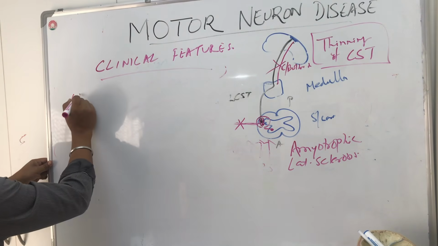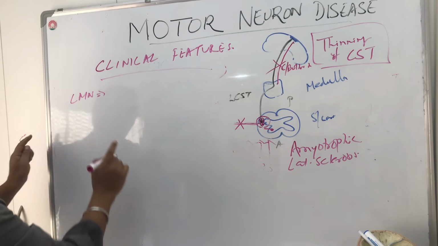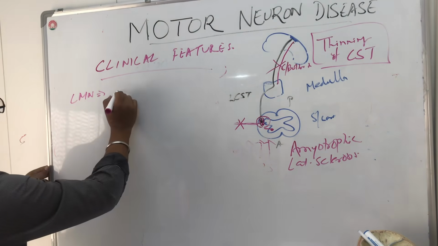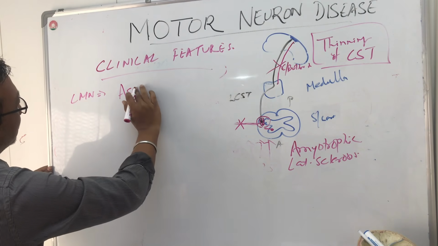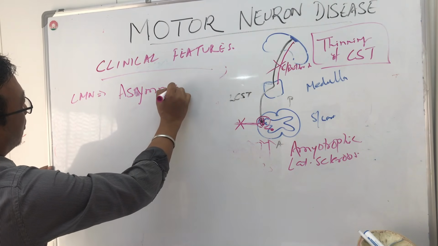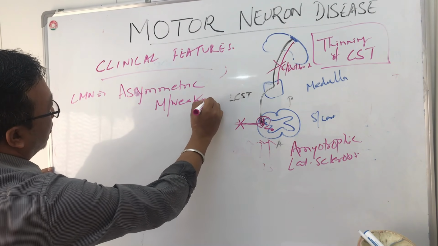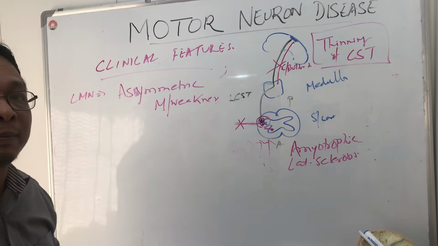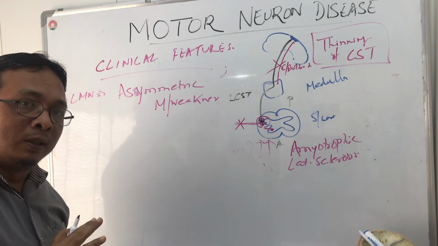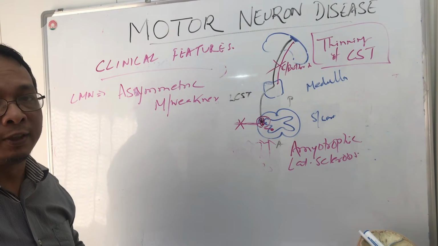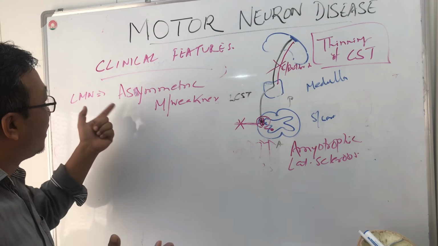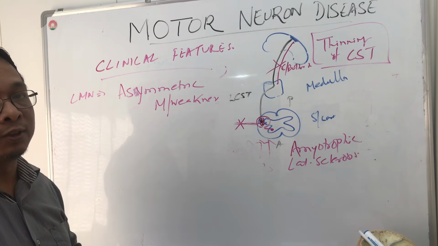In the lower motor neuron features, we'll see asymmetric muscle weakness. It starts with asymmetric muscle weakness and gradually goes to the symmetric type. This is a different variety; asymmetric may eventually lead to symmetric type.